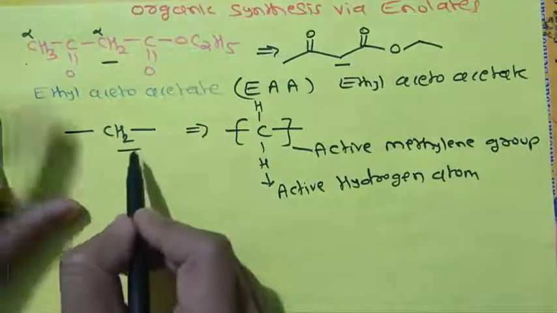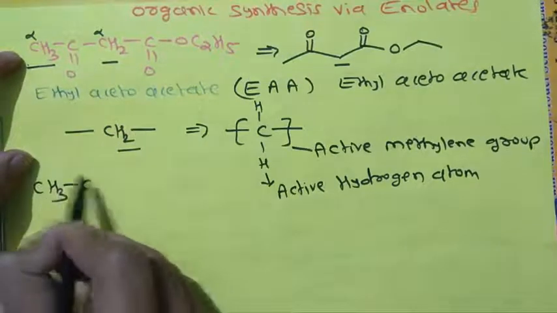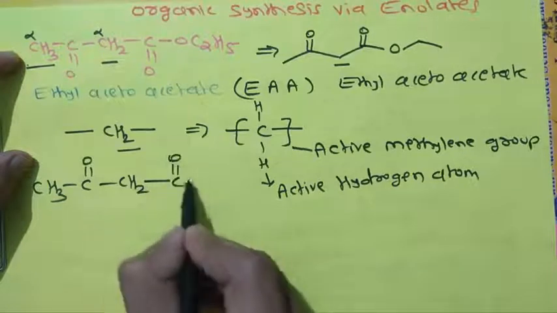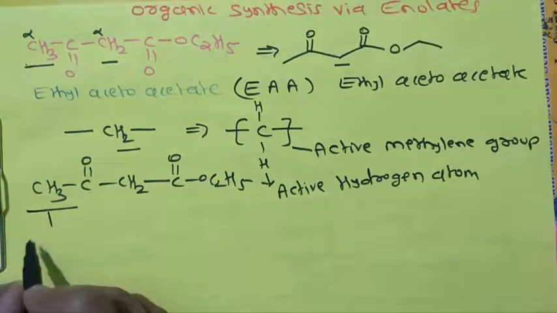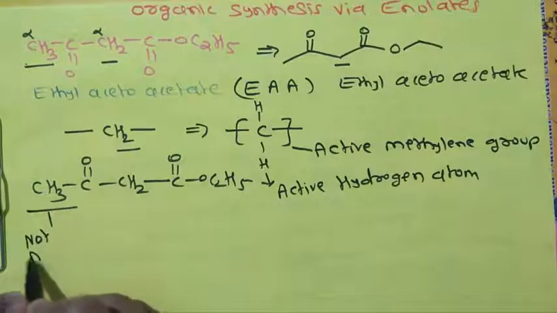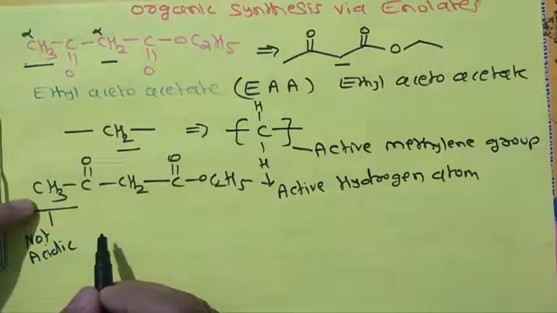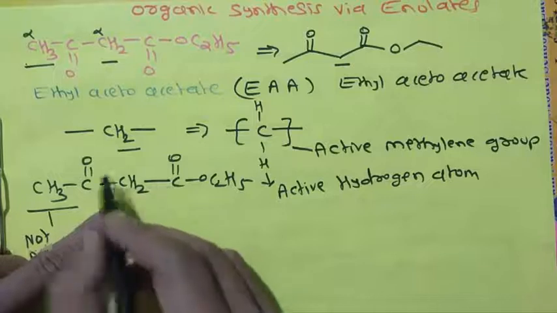But the CH3 group, CH3-C=O-CH2-C=O-OC2H5, is not acidic, because it is present at the terminal site, and the CH2 group is present in between the two electron withdrawing groups.